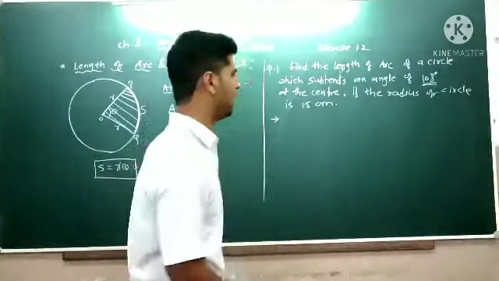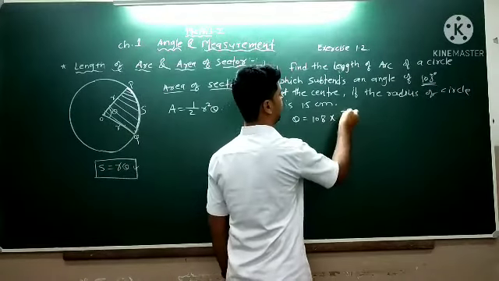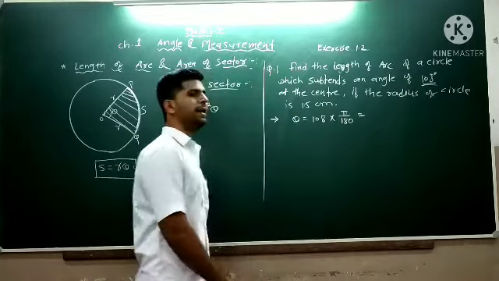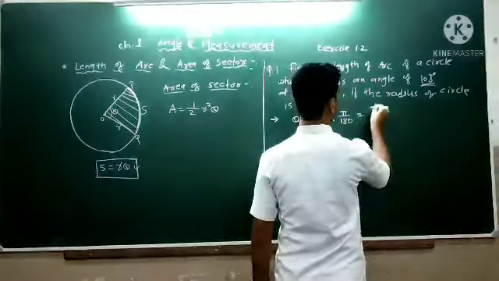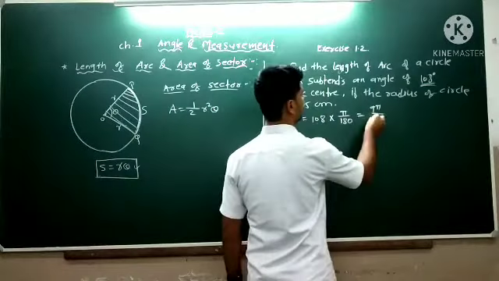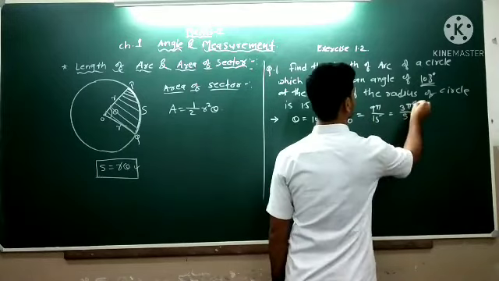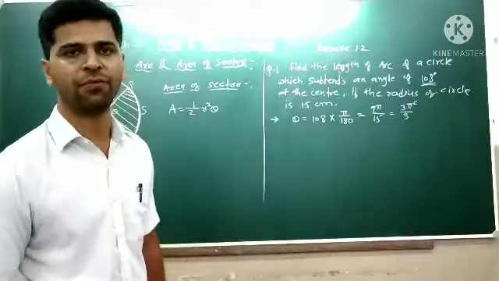I have to multiply that degree with pi by 180 degree. Okay? So 108 and 180 both are divisible by 12. So 12 into 9 is 108 and 12 into 15 is 180. So this is 3 pi by 5 radian. This is your theta. Theta is 3 pi by 5.